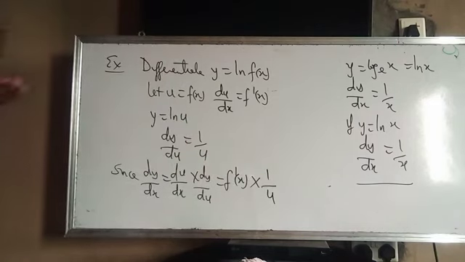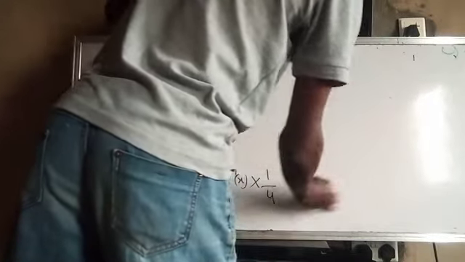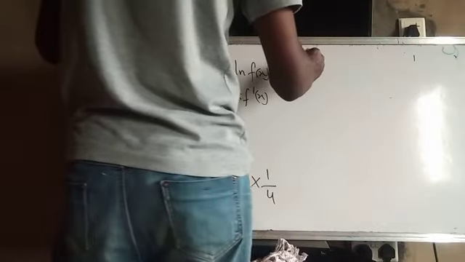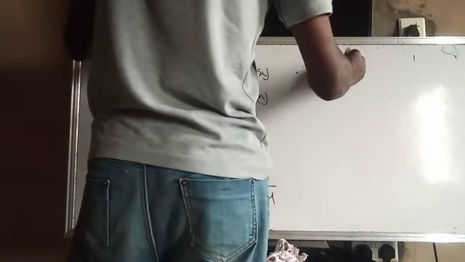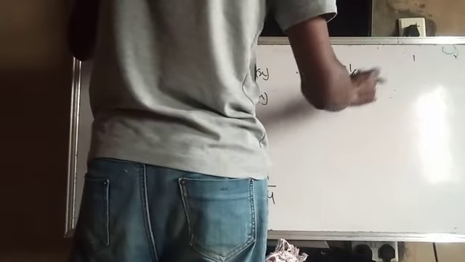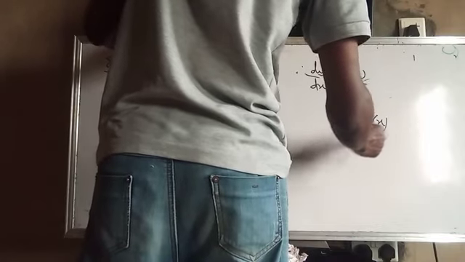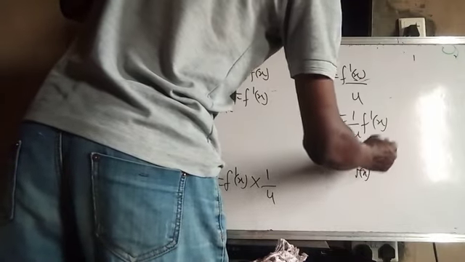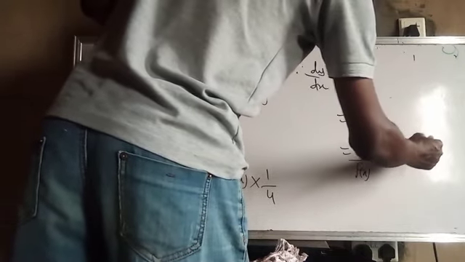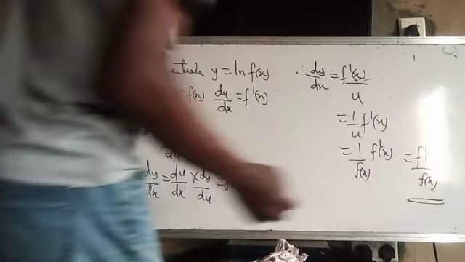So therefore dy/dx will be f prime of x all over u, or you can say 1 over u times f prime of x, which is 1 over, what was your u? f of x, times f prime of x. You can write as f prime of x all over f of x. So that solves the problem.